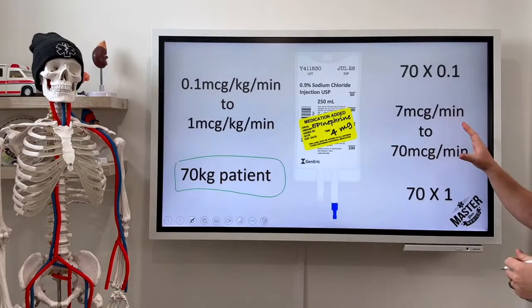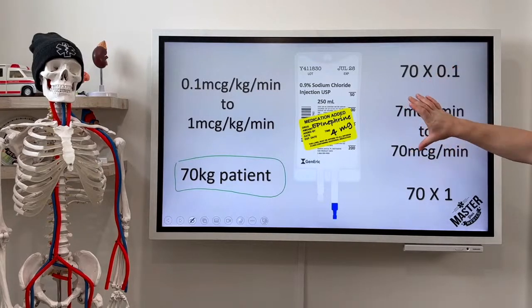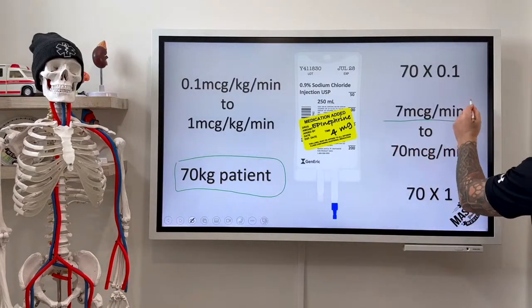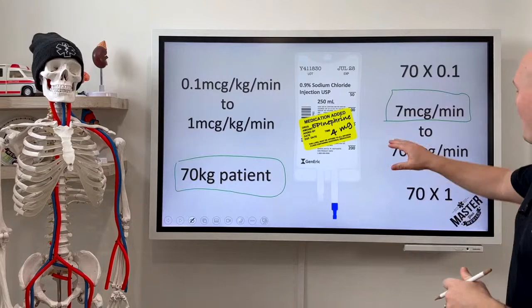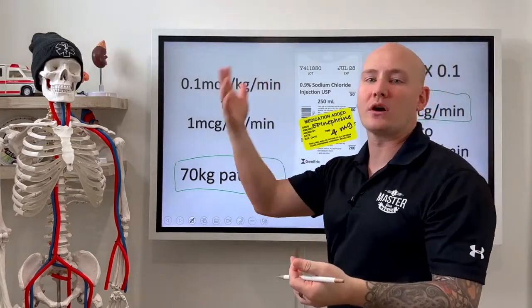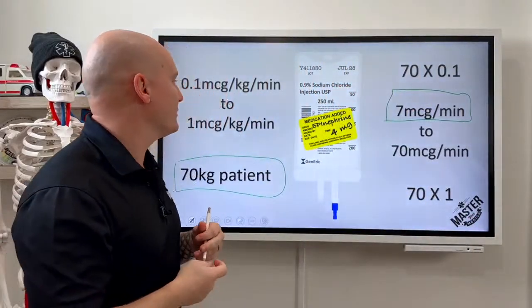So those are our max and minimum doses. Now that we have that range, we can start to set up. Obviously, we're going to start much closer to the low end and work our way up, as opposed to the other way around. So we're going to go low dose and work our way up. That's the idea of how you want to use this.